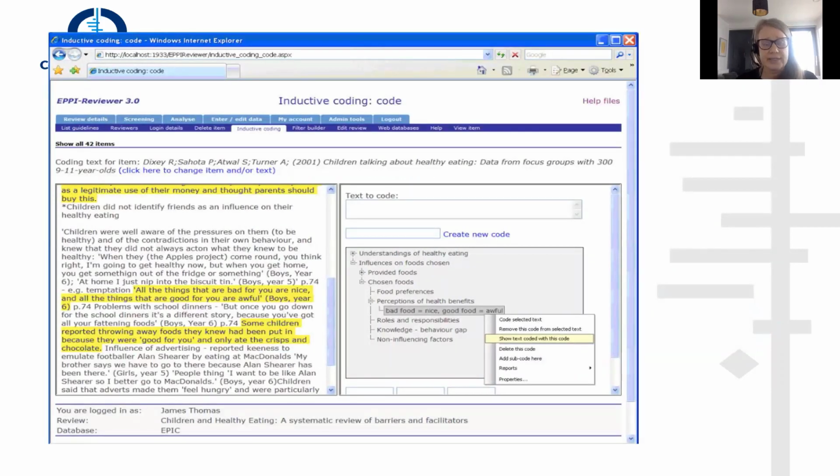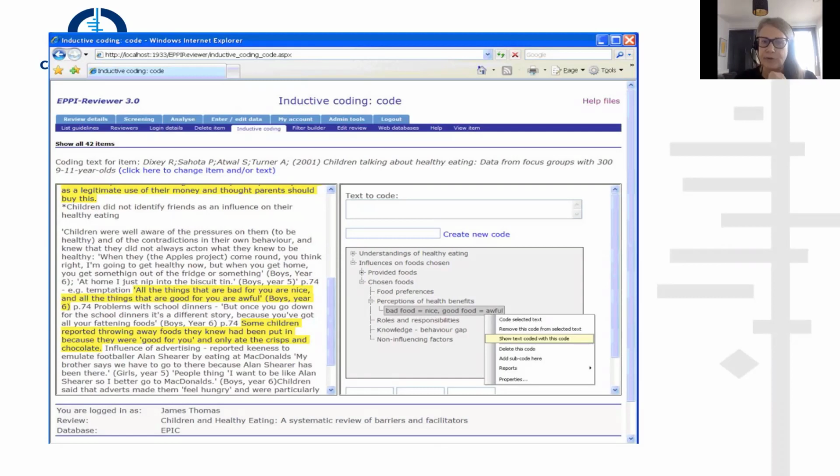So this slide is just showing you an example of use of software for line-by-line coding. So this is from EpiReviewer. It's from a very, very old review, but because most papers don't include this level of detail in terms of showing you how codes are applied.